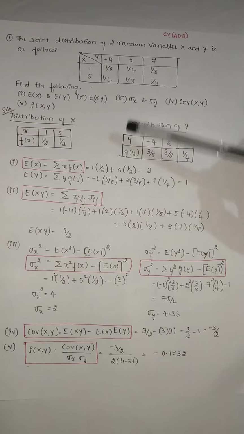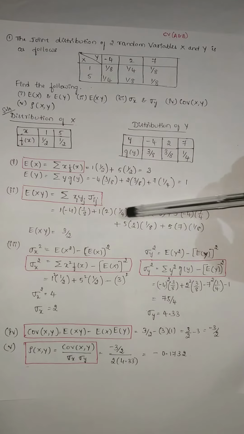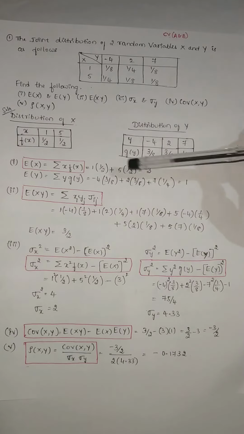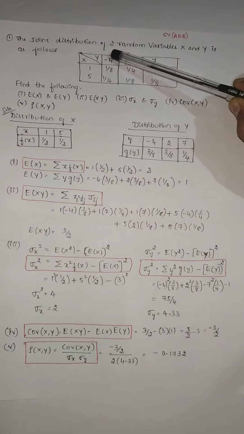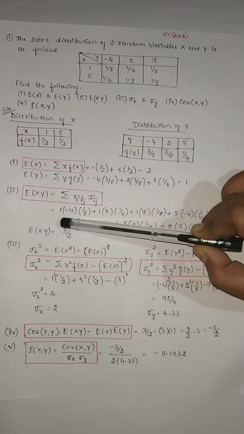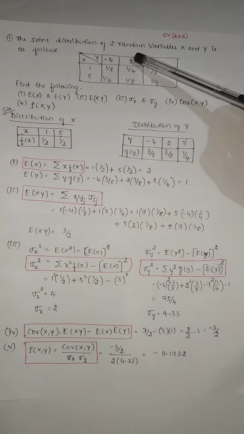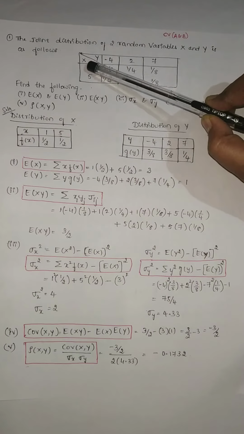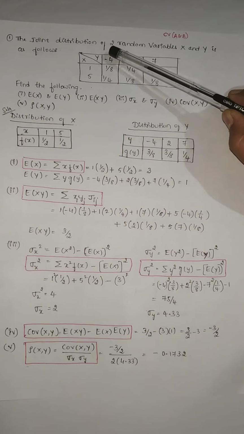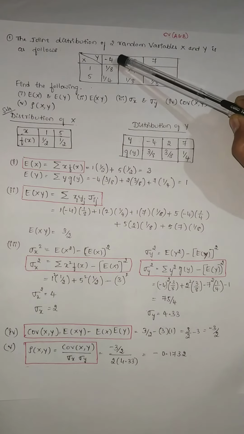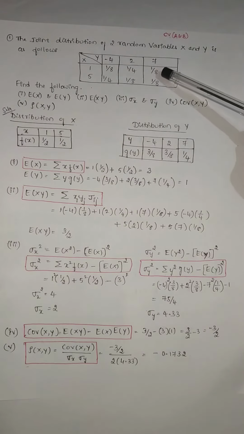Now you need to multiply x, y, jij, and add all the resultants. Now see how to write the expression. So this will be 1 into minus 4 into 1 by 8, plus 1 into 2 into 1 by 4, plus 1 into 7 into 1 by 8.